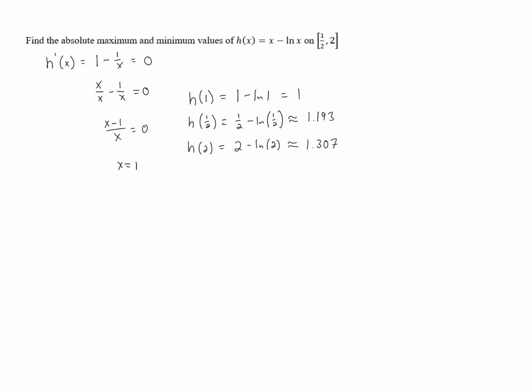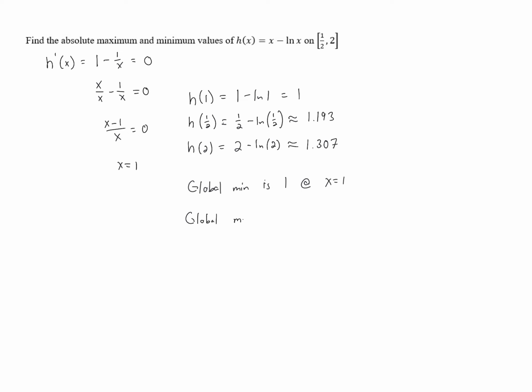And so we've got our 3 different answers, and we can see that the smallest is 1, and the largest is the one that's about 1.307. So those are our global maximum and minimum values. So our global minimum is 1, and it occurs at x equals 1.